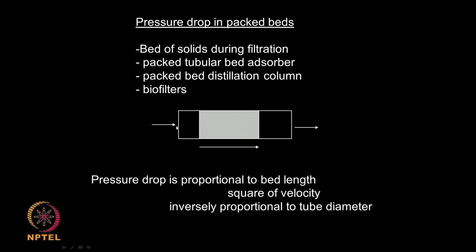The length of the bed has an effect on the pressure drop, the velocity has an effect, and the diameter of the tube also has an effect. So, especially for packed bed adsorbers, we need to consider the pressure drop, unlike the agitated adsorber or a single batch stage adsorber.